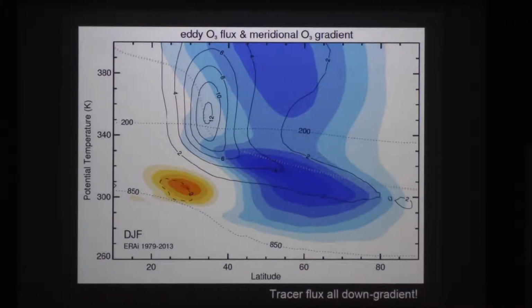So the ozone fluxes are down gradient everywhere, and you don't see this little spot there with the positive PV fluxes. So there's really something going on here to PV where it does not behave like a passive tracer. It doesn't behave like a chemical tracer. It behaves like a dynamically active tracer there, and I'm going to get more into that. There's a funny little region here where the ozone fluxes are the other way around, but the background gradient is also the other way around, so they're still down gradient.